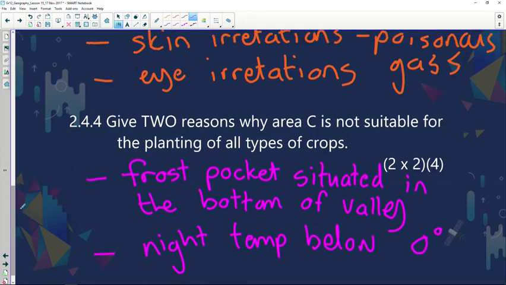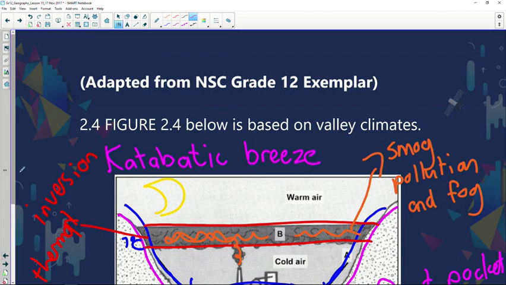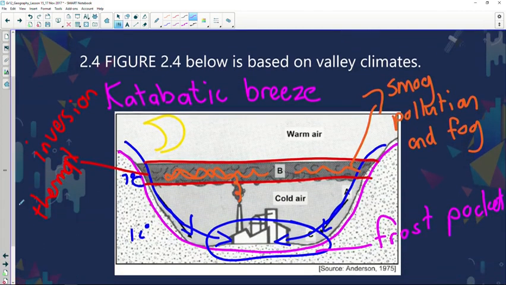Okay, now very importantly, another question that you might get: if people have to settle, where will they settle? They will settle usually where the thermal belt is. Why? Because of warmer conditions, upslope, and there will be less pollution. Keep this question in mind.